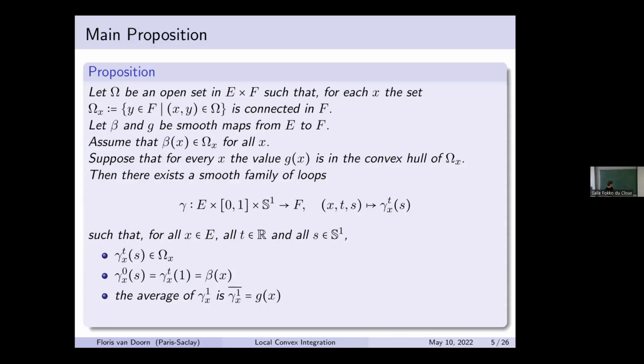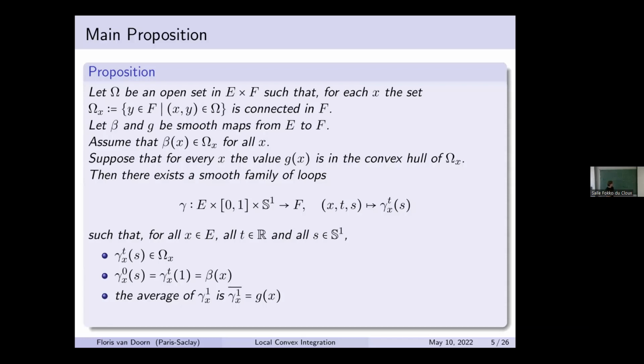These loops have to lie in omega x. When t is equal to 0, the loop has to be the base point. So the homotopy has to start with the constant loop, and the loops have to be based always at beta x. And these loops have as average g of x.